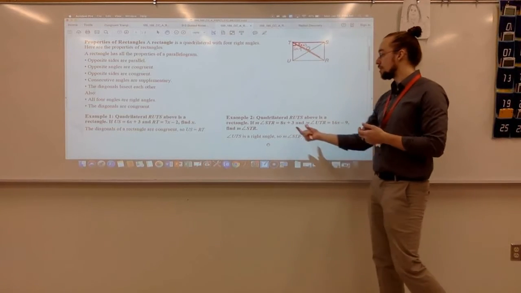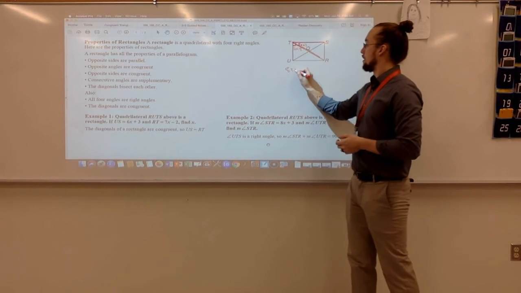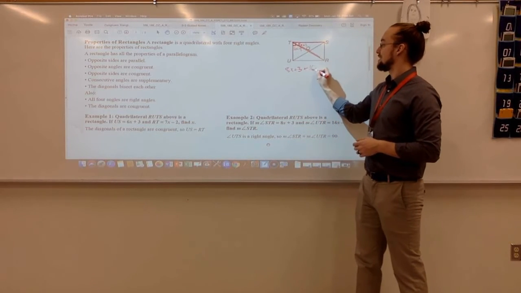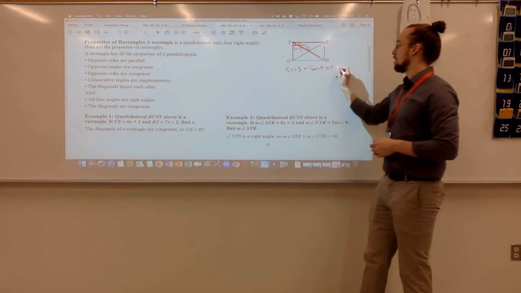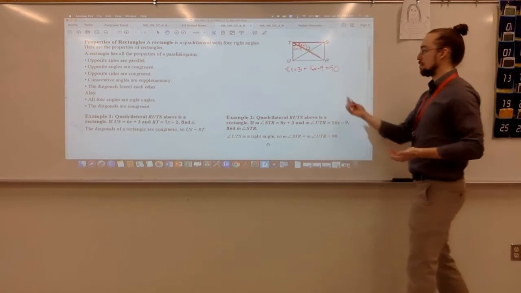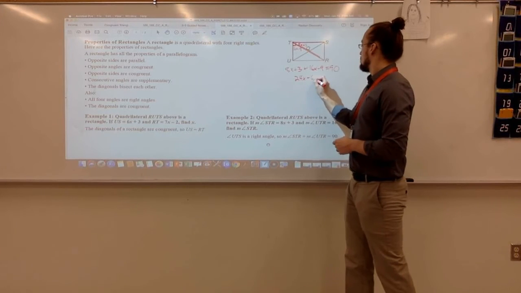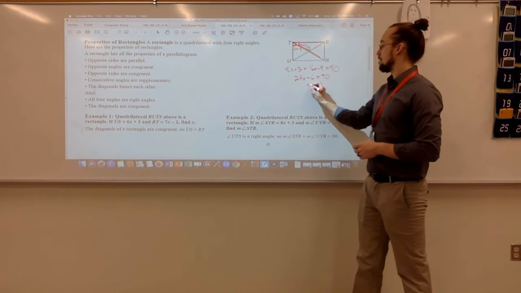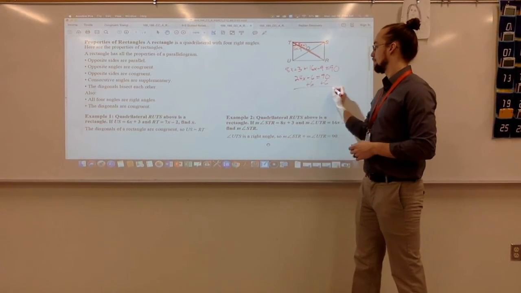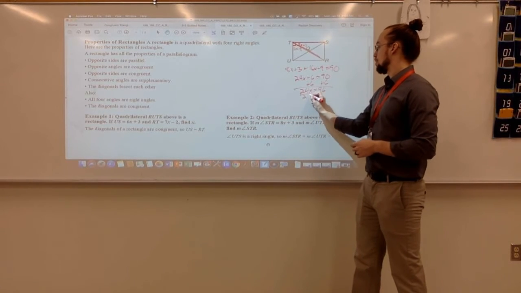So my setup here would be to add these 2 angles, 8x plus 3 plus 16x minus 9. Set that equal to 90. So combine like terms. 24x minus 6 equals 90. Add the 6 over. Divide by 24.